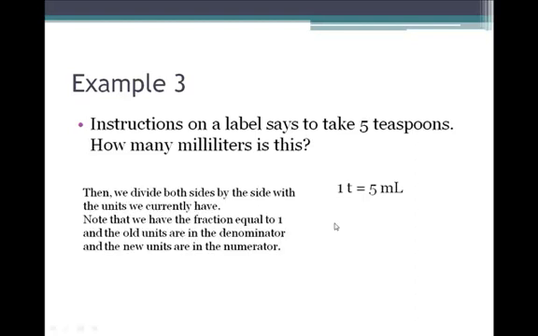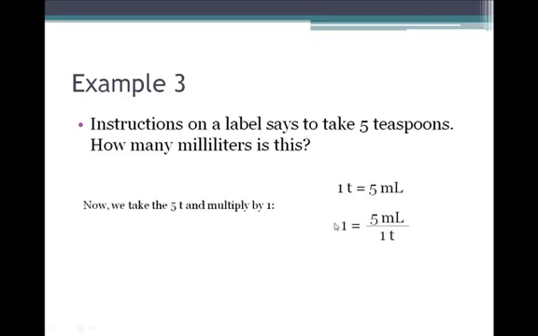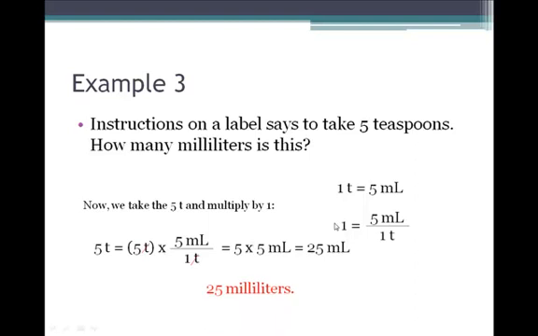And we want to divide both sides by the teaspoon side, because that's the original amount that was given. So we do that and we get a unit 1 and multiply 5 teaspoons by 5 mLs divided by 1 teaspoon. Again, unit analysis, the units cancel, and we have 5 times 5 milliliters, that's 25 milliliters.